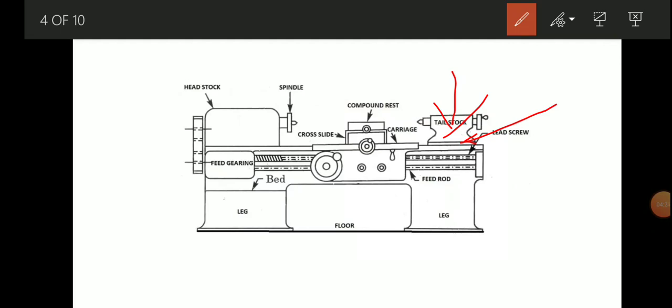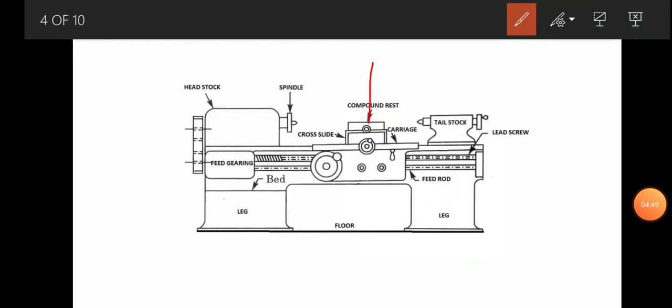Now coming to the carriage. Here we can see carriage. The main function of carriage is to support, move and control the cutting tool. It consists of compound rest, onto which a cutting tool is held.